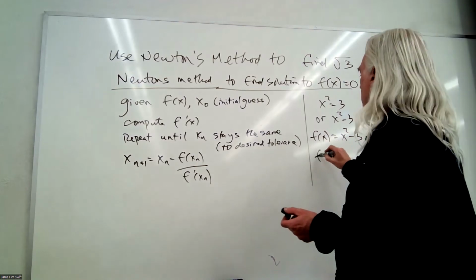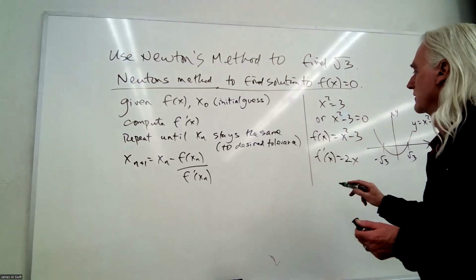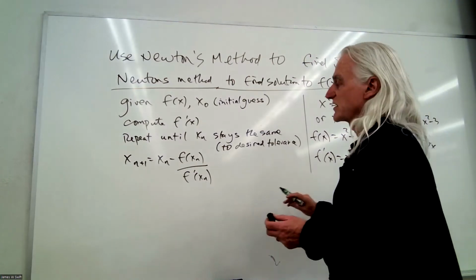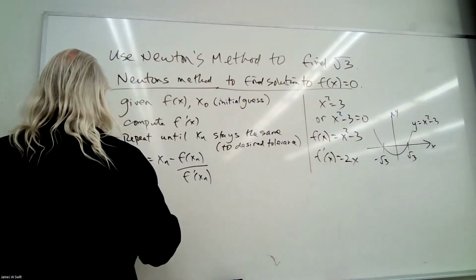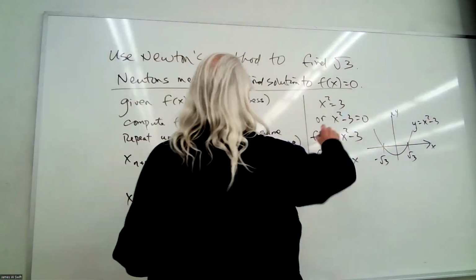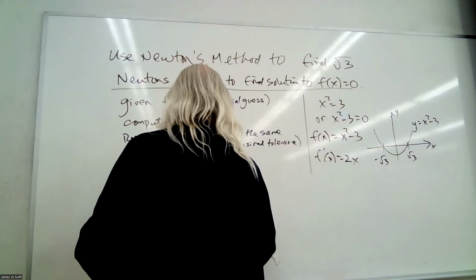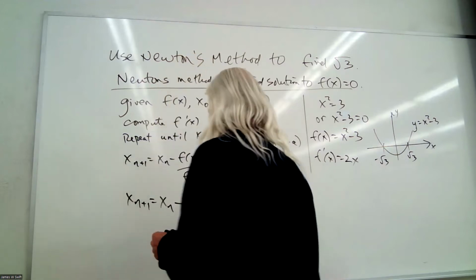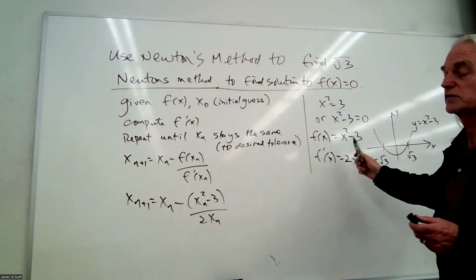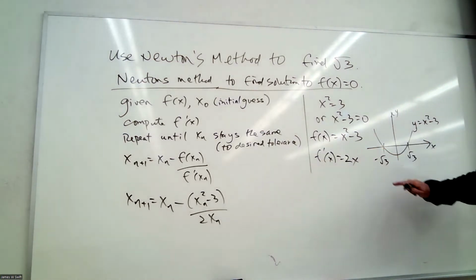But this is a particularly easy function to differentiate, right? So in this case, x_{n+1} is going to be x_n minus (x_n squared minus 3) over 2 x_n, right? That's what Newton's method in general gives when applied to this f of x.